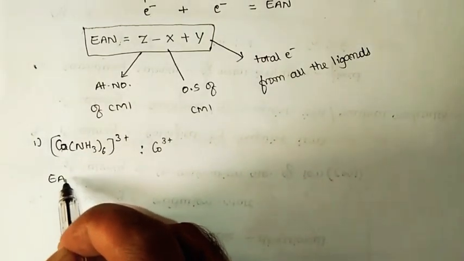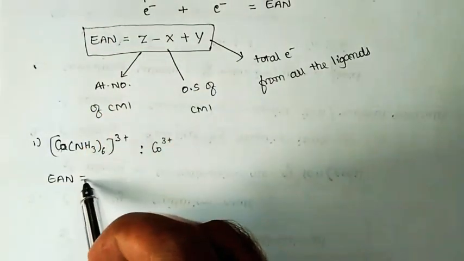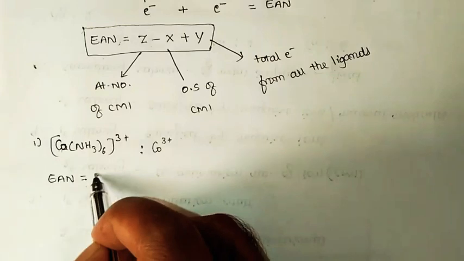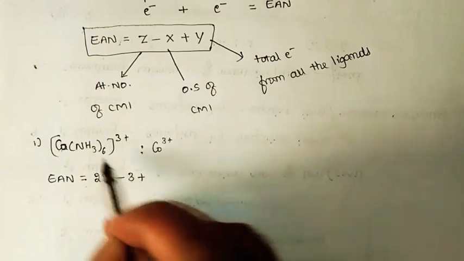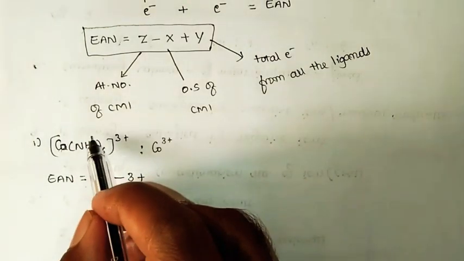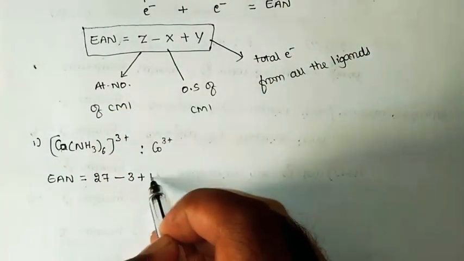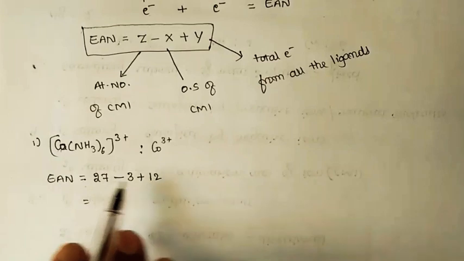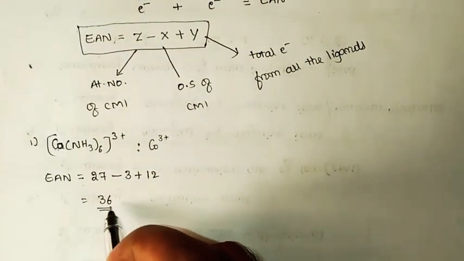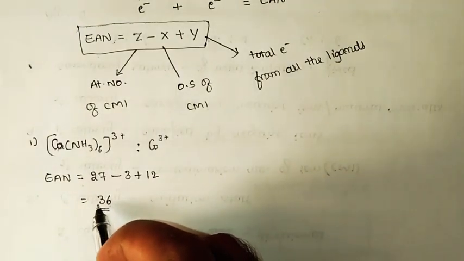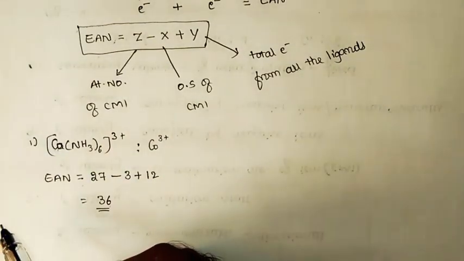So EAN is equal to Z minus X plus Y. The value of Z, that is atomic number of cobalt, is 27, minus oxidation state 3, plus there are 6 ligands and NH3 is a monodentate ligand. Each ligand can donate 2 electrons. So 6 into 2, 12. So when you calculate 27 plus 12 minus 3, you will be getting 36 electrons, which is the atomic number of krypton. So thereby we can say the complex is stable.